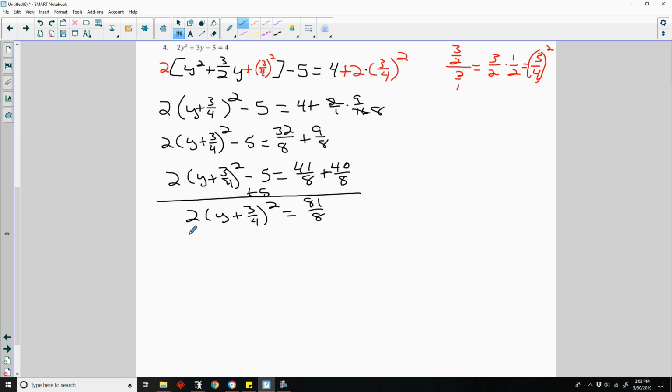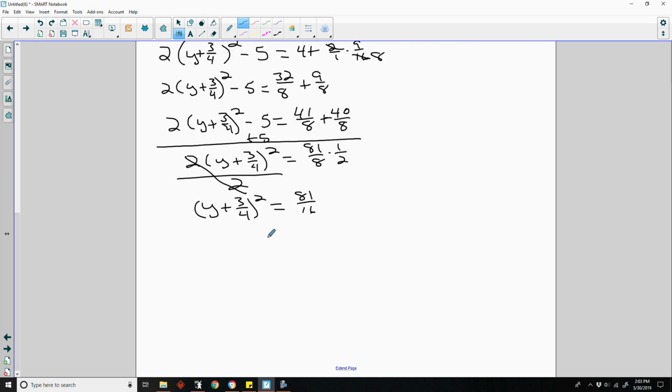Now I'm going to divide by 2. And remember, dividing by 2 is the same as multiplying by a half. These cancel, and I get y plus 3/4 squared equals 81 over 16. Okay, getting closer.